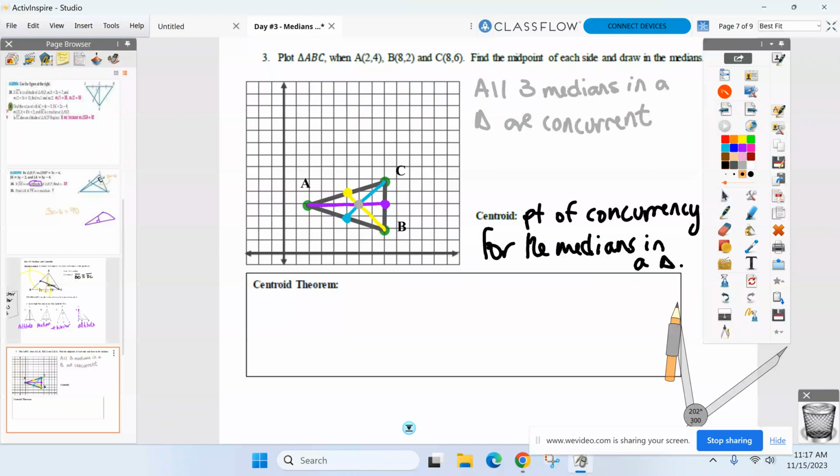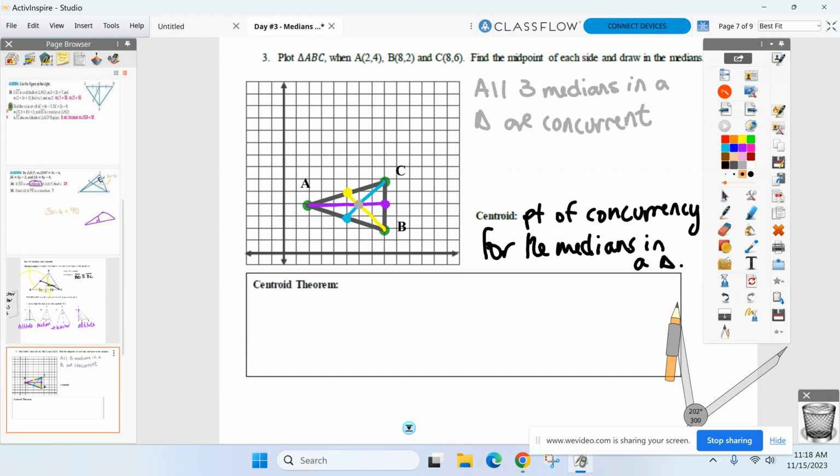Years ago, when this course wasn't so packed with all the material I have to get through before the Regents exam, the centroid was just a cool fact. If I had you cut out triangle ABC, and we had a really sharp pencil, and you put the tip of your pencil on the centroid, it would balance perfectly. It's also called the center of gravity for a triangle. Wait, what?